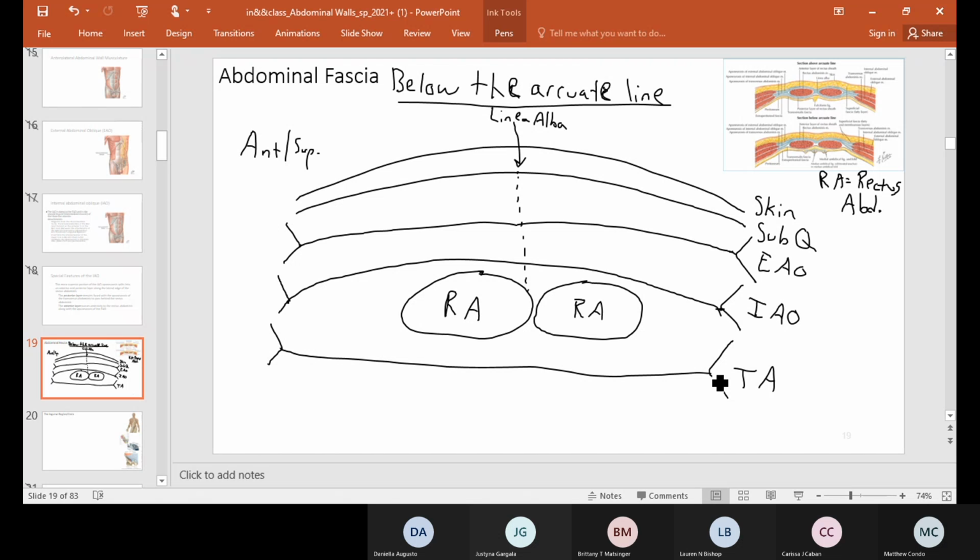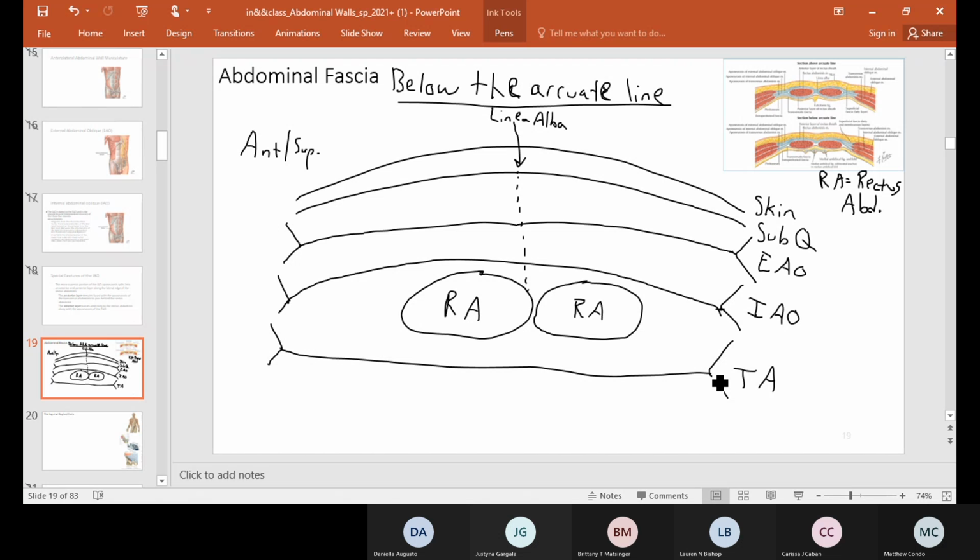So what I want you guys to do is start thinking about test questions, right? So here I am, an abdominal surgeon, and I need to insert a needle in through the abdominal cavity. I'm going to insert that needle above the arcuate line.